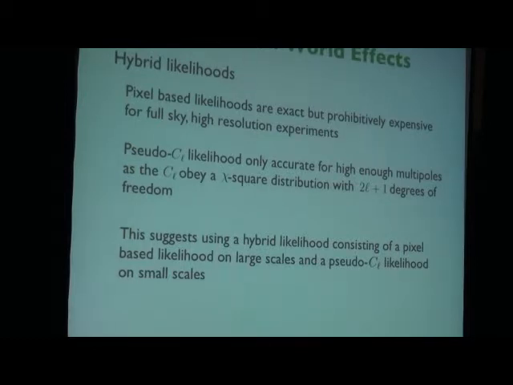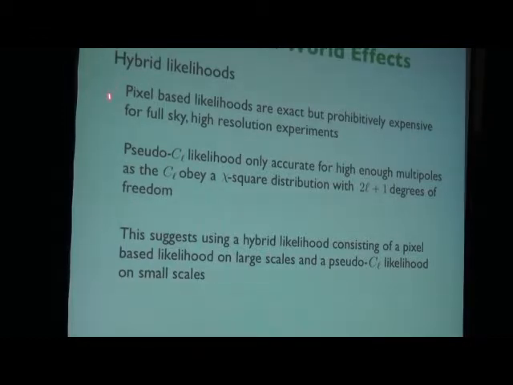The problem, as I said, for the pseudo-CL likelihoods is that they're only accurate for high enough multipoles, because the CLs obey a chi-square distribution with 2L plus 1 degrees of freedom and are not Gaussian. It gets better by the central limit theorem as you go to higher L, where it becomes nearly Gaussian, but at low L it's not. So these are really not good likelihoods at low L.